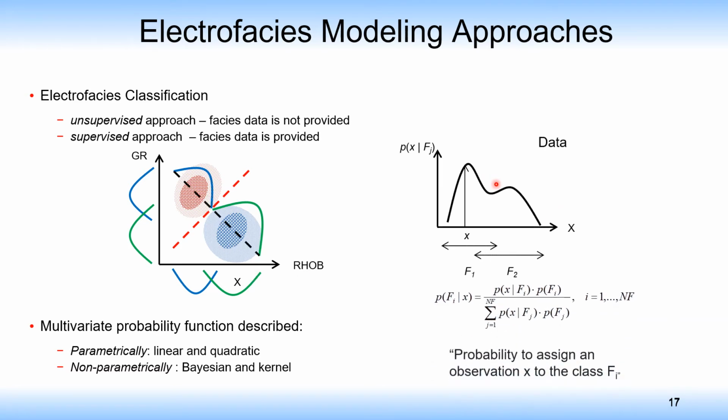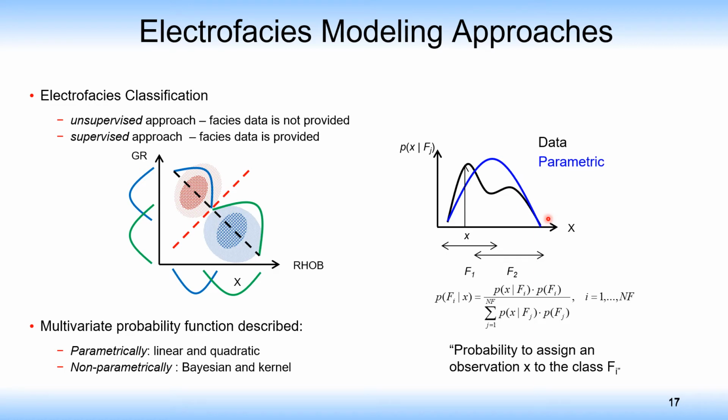But if we look at non-parametric methods, first thing is that our data has some complexity to it. And so the parametric approach doesn't necessarily capture the complexity of our actual training data sets. So we do need the non-parametric for our facies interpretations.